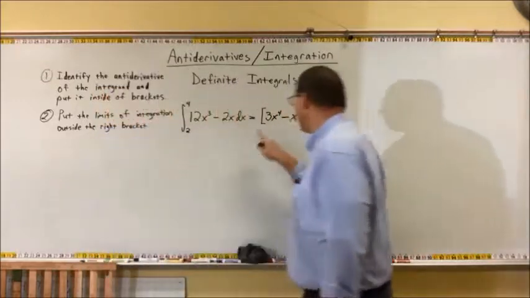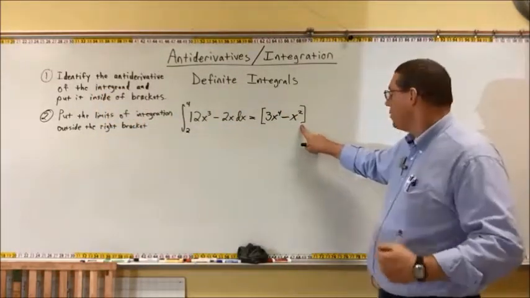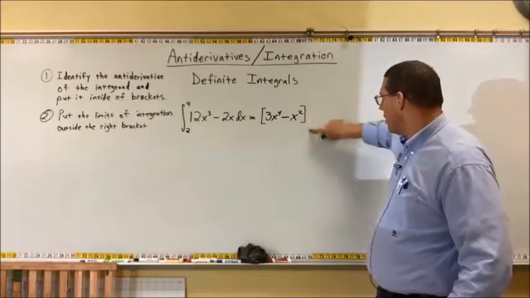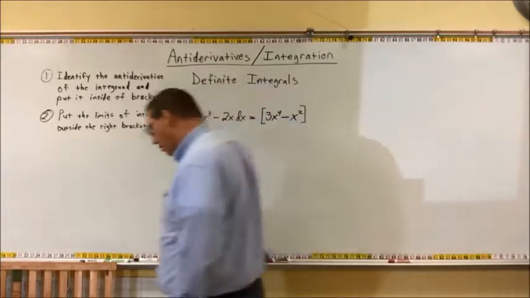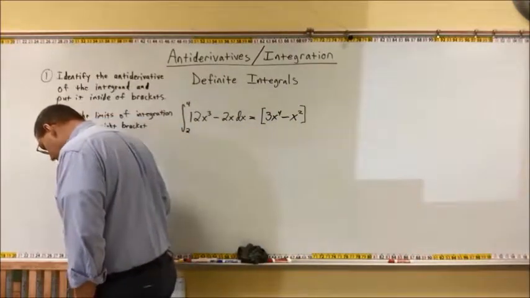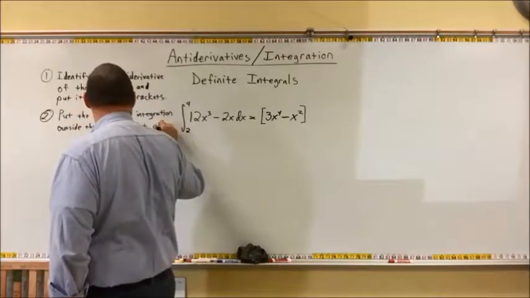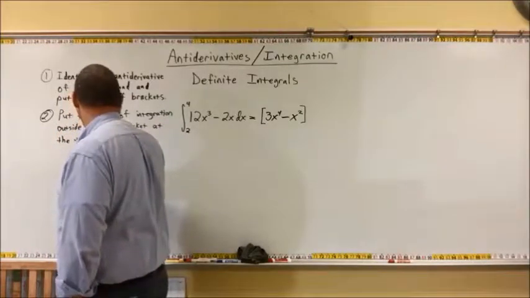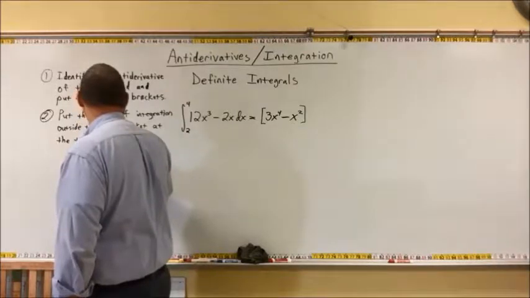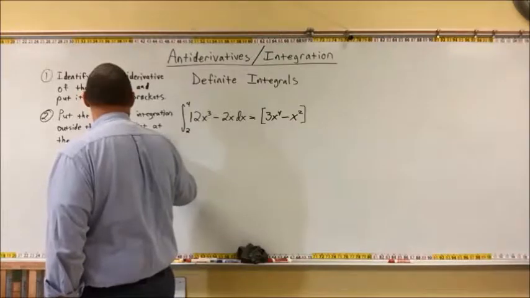So in this case, this is the left bracket and this is the right bracket. Outside the right bracket is over here. Okay? Outside the right bracket, at the top and bottom, respectively.